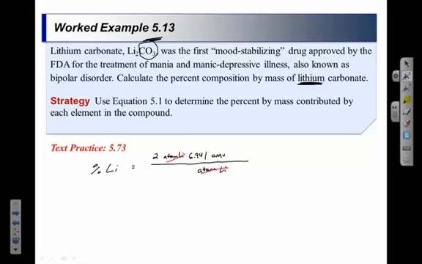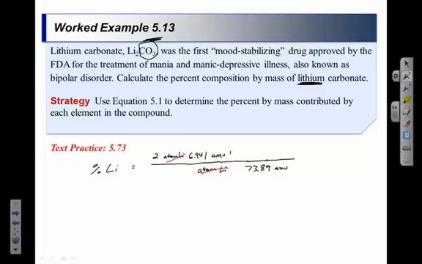I'm going to divide that by the total mass of one unit. So I've got 2 lithium plus 1 carbon plus 3 oxygen, and that's 73.89 AMU for the whole substance.